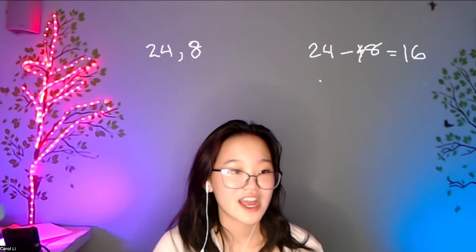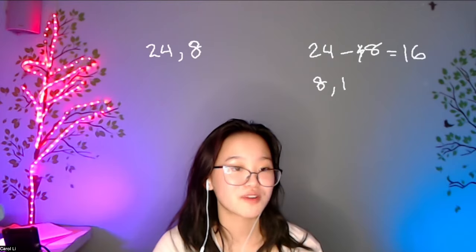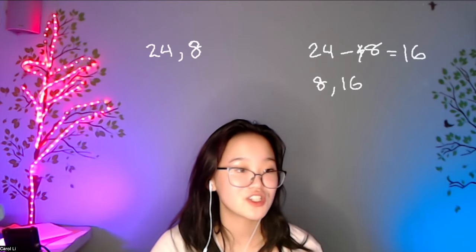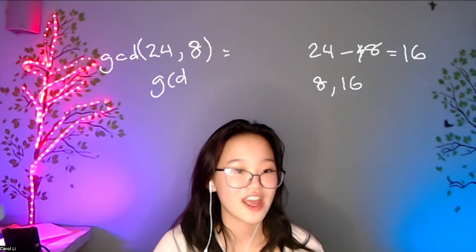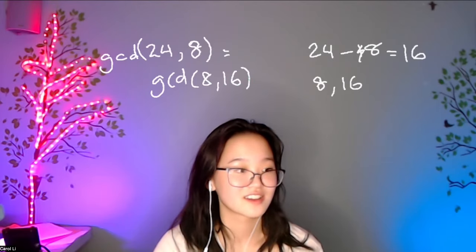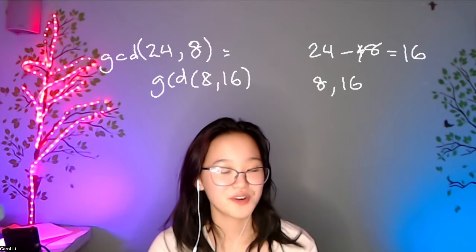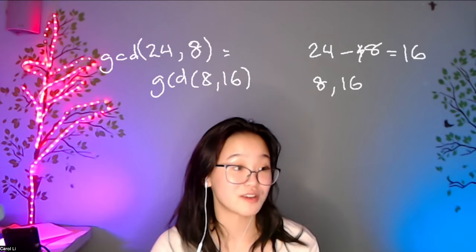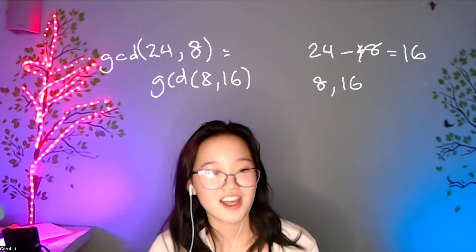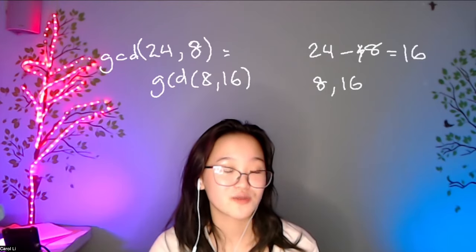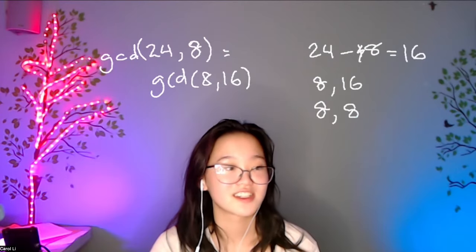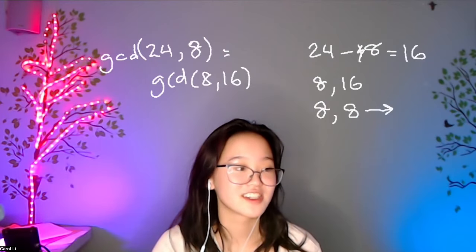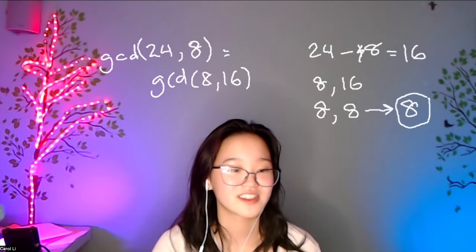So then we're getting 6 and 18. The GCD of 24 and 18 is also equal to the GCD of 6 and 18, so we just need to find the greatest common divisor of those, which is obviously 6.